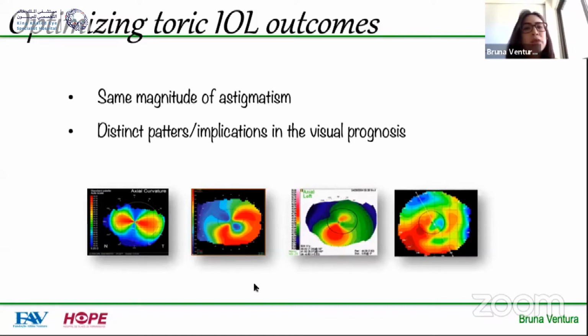You explain to the patient that it could interfere in your planning and your calculations. Of course, we do everything when we have this information to minimize the error. But knowing that the patient has a corneal disease is very, very important for us to take into consideration in our planning, and also for the patient to know beforehand.